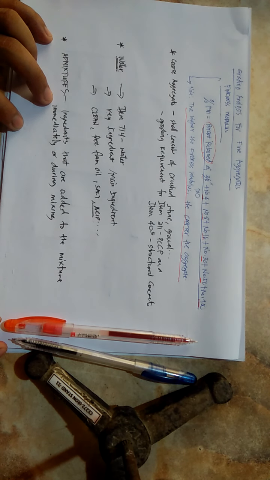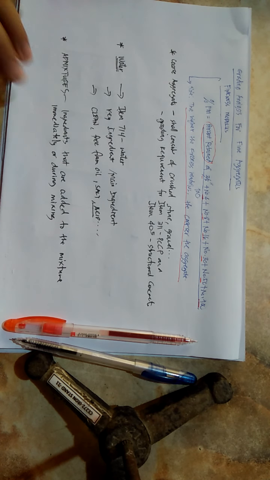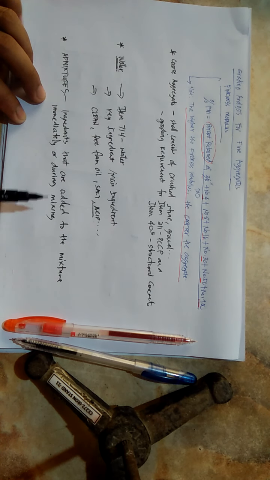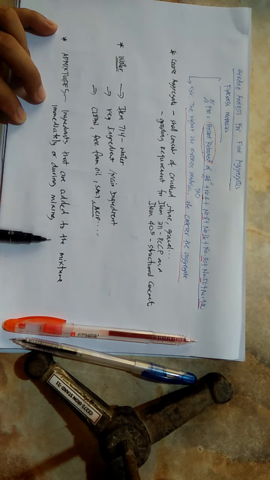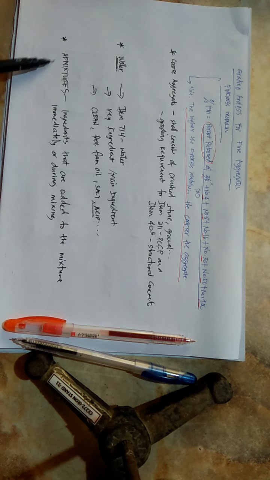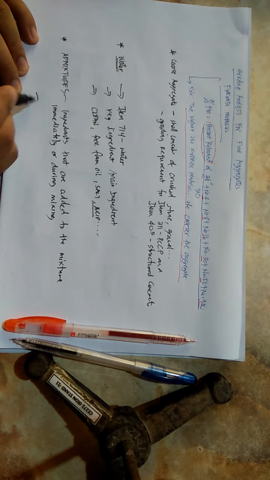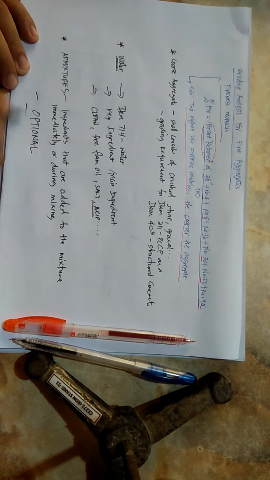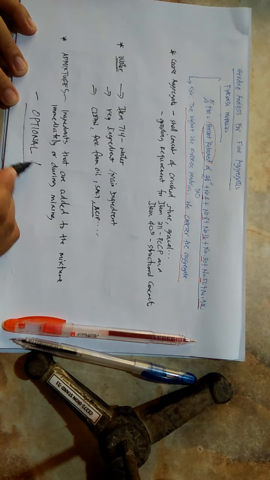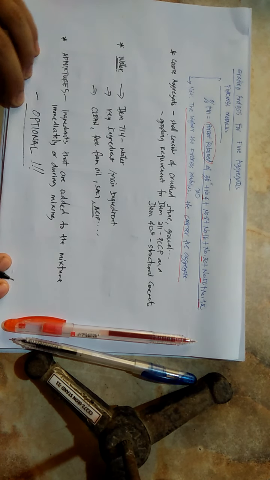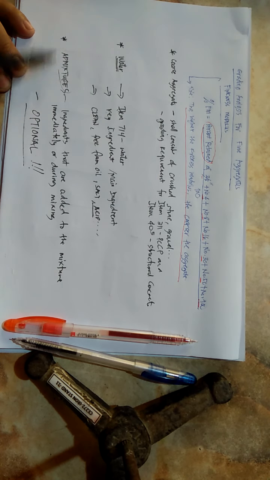And then yung admixture natin, that is always a chemical siya na dinadagdag dun sa composition of your concrete. So, other than water, cement, and aggregates, itong admixture, optional to. Lagi niyong tandaan that admixtures, optional lang siyang ginagamit. Hindi ito mandated. So, optional siya.